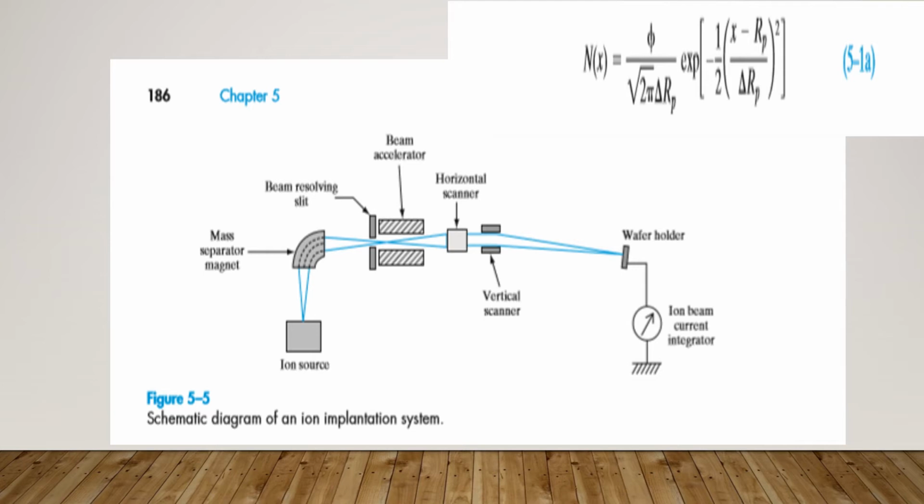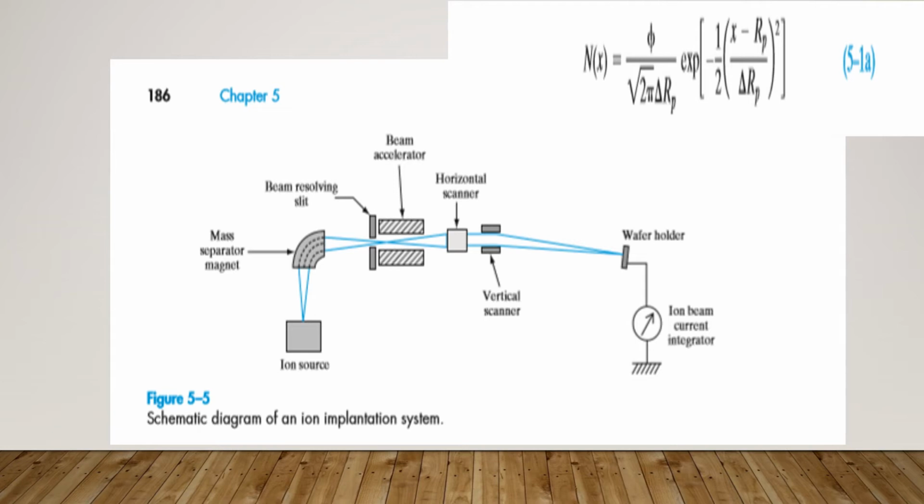Now why are we preferring it? Basically this is a useful alternative to the high temperature diffusion process, in which energetic ions are implanted, driven into the semiconductor. In this process, a beam of impurity ions, that is dopant ions, is accelerated to kinetic energies ranging from several kilo electron volt to several million electron volt, and is directed on the surface of the semiconductor.